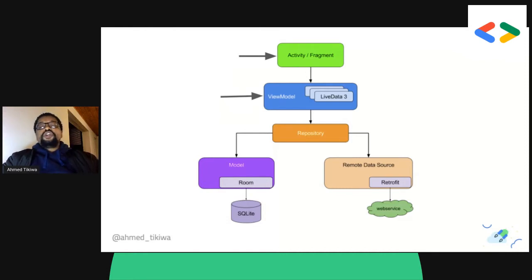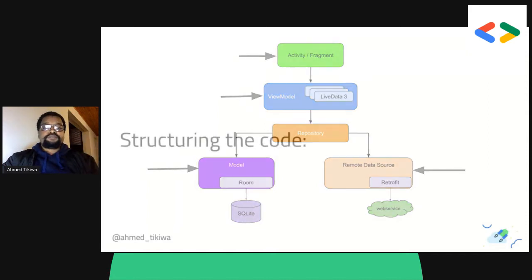And then you can also have your repository speak to a remote data source, or you can have your repository speak to both. So you can have your repository fetching data remotely and then updating your local database for data persistence, basically having some sort of cache on your app. So this is the architecture that I followed with the prototype that I had to build.